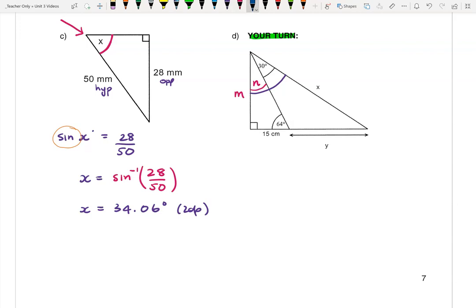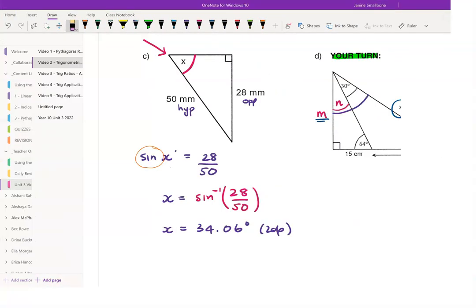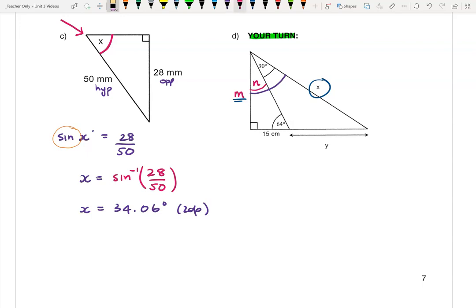So hopefully you started to think about how you can build some more answers in this diagram that's going to help you first find side x. So I'm going to start by finding side m using that small right triangle. So looking from the angle of 64 degrees, I want to find the opposite side m over the adjacent side 15.